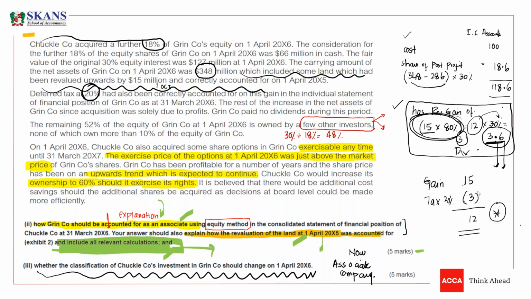So guys, it is believed that there would be additional cost saving should the additional shares be acquired, as decisions at board level could be made more efficiently. So they are saying that we can acquire further shares at a cost saving. Additional shares could be acquired if the board is making some decisions. They can be acquired with some cost saving. It means the options are in the money.